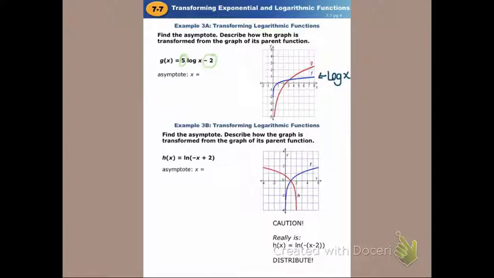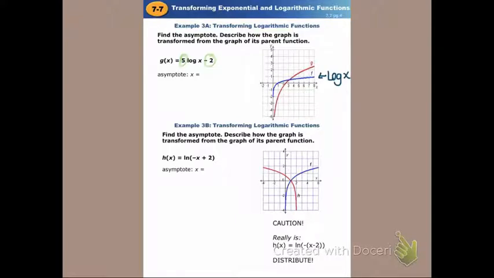Now notice that the 2 is not grouped together with the x. There are no parentheses there, which means that the 2 is being subtracted off of 5 log of x. That makes a big difference because remember, anything directly subtracted from x itself will cause a horizontal slide.